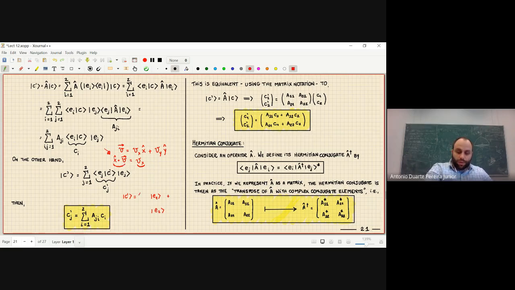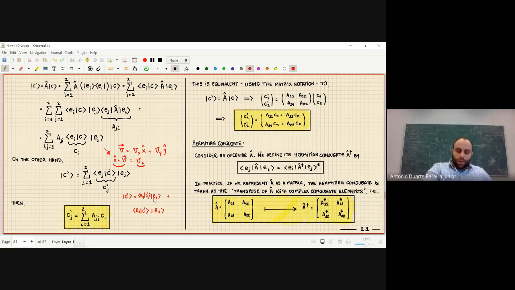So this will be E1 times C prime, and this will be E2 times C prime.